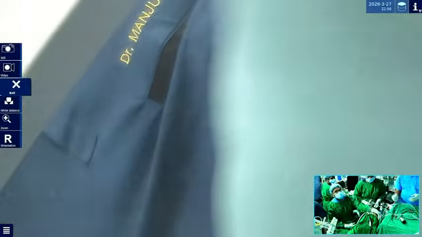Sir, you will be removing both the lesions? Yes, we can go ahead and remove. Only thing is, the lesions are not at the same site. The one on the left side is slightly below compared to the right one.